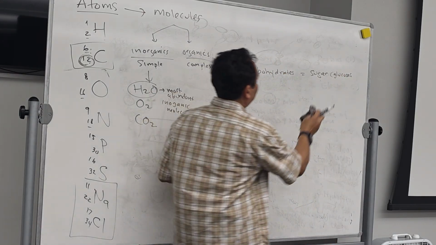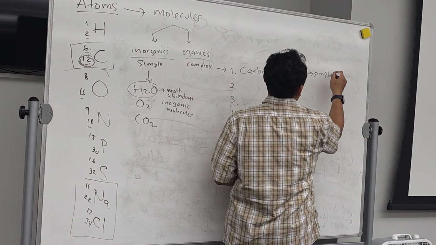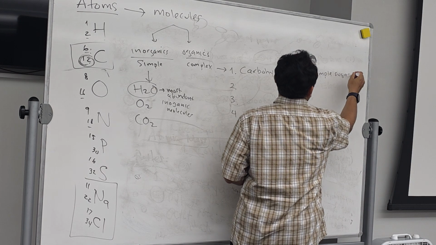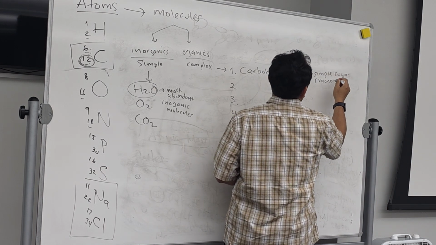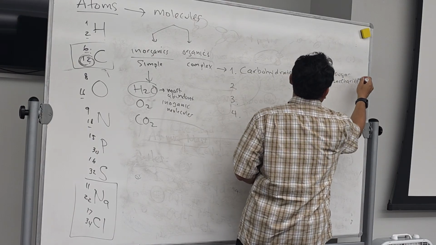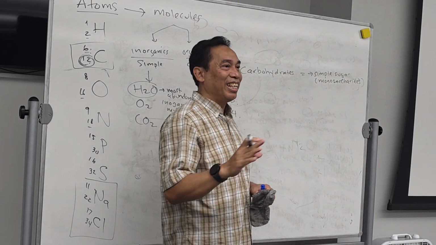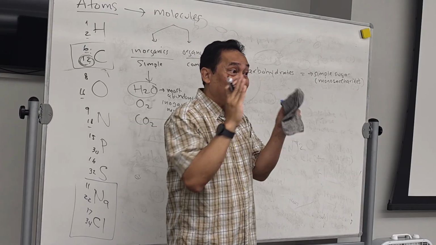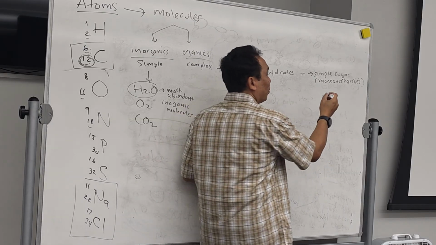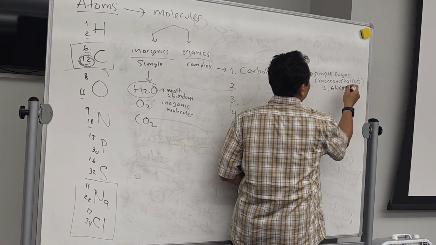We can say for this sugar, we have simple sugar. It's called monosaccharide. Okay, what does mono mean? One. Saccharide, sugar. It only has one single sugar. An example in our body, the most abundant monosaccharide, of course, is glucose.